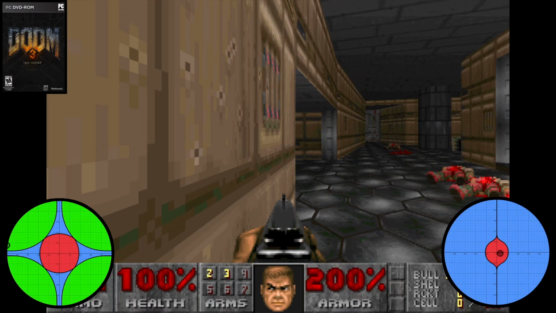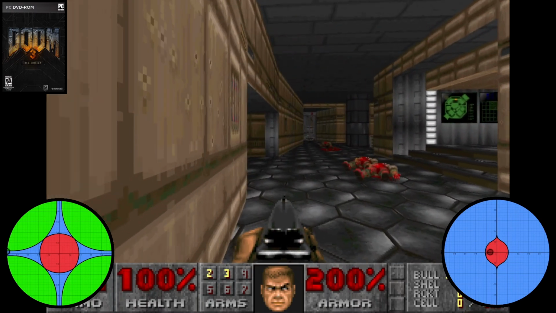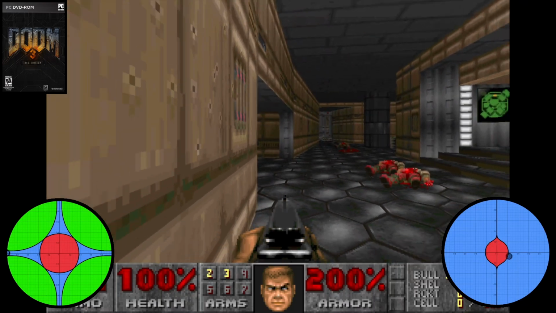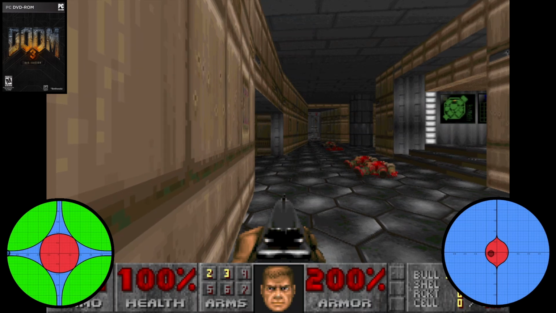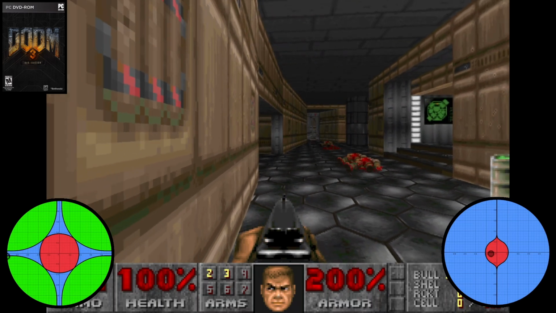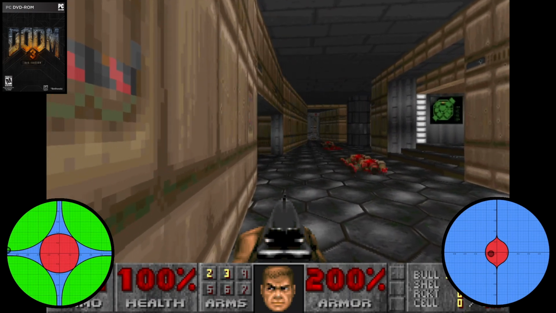To try to demonstrate the vertical threshold, we have backwards movement, or backwards diagonal movement, forwards diagonal movement.